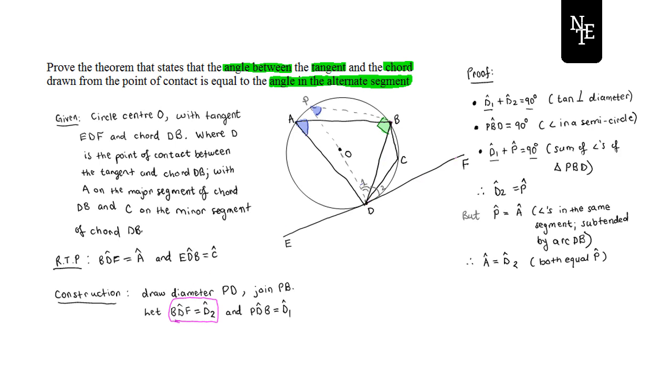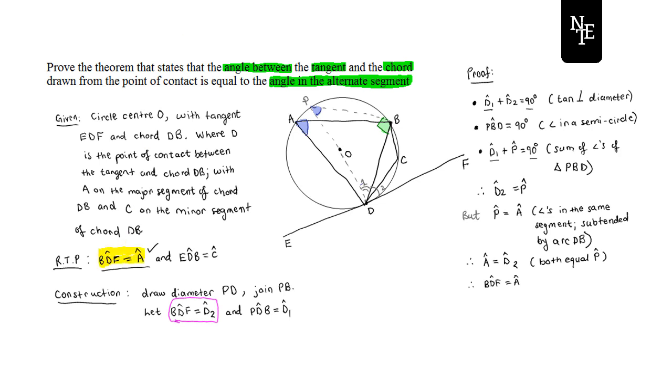So that means that therefore angle BDF is equal to angle A. That means that we have now proved this first statement over here. So we've got this first part done.